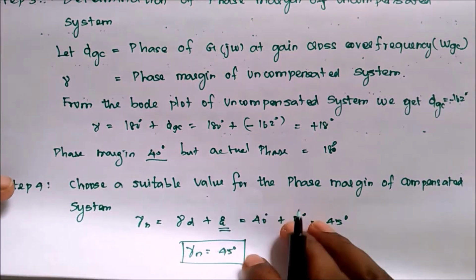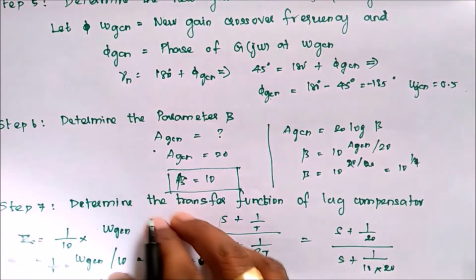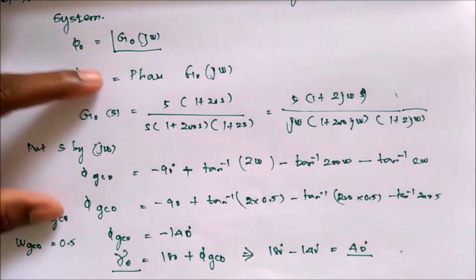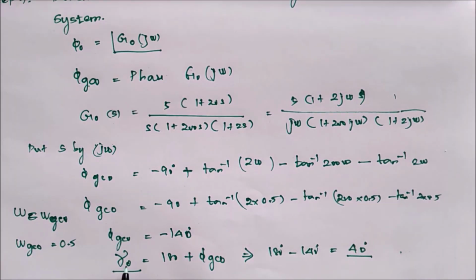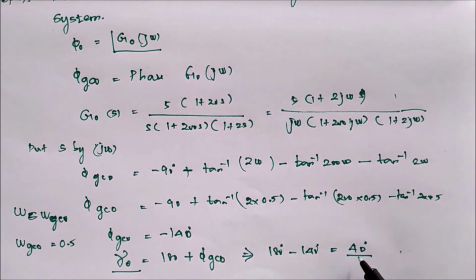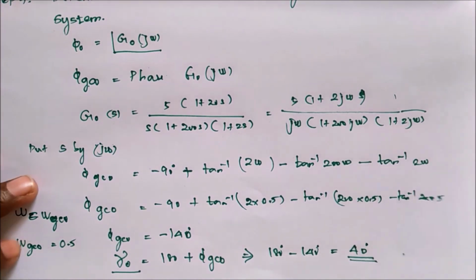For eta 50, we have to continue all the steps, step 5, step 6, step 7, step 8, until the calculation of gamma naught, the lag compensated phase margin, when the final value of the lag compensated phase margin equals the given phase margin in the problem. Now in the first step itself it is satisfied. Phase margin of the lag compensator equals the given phase margin, so we can stop.